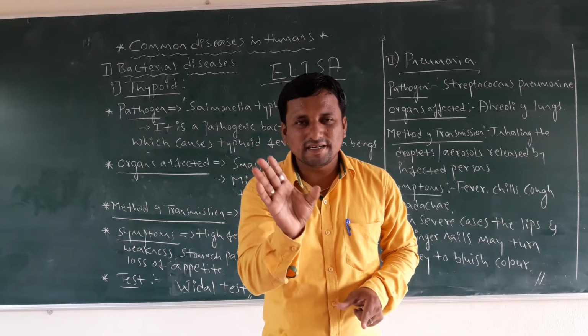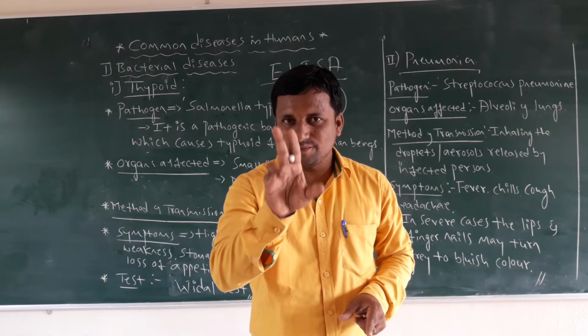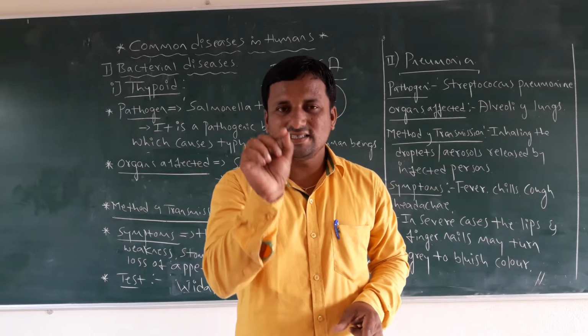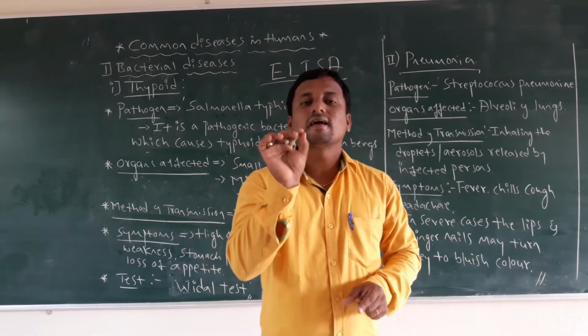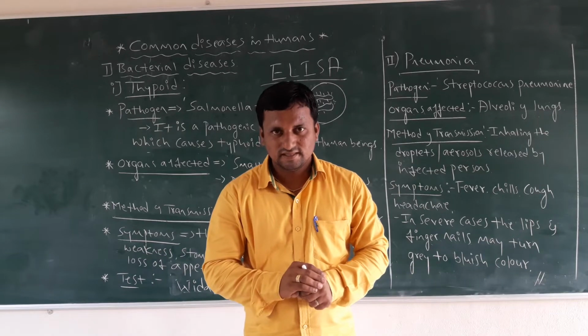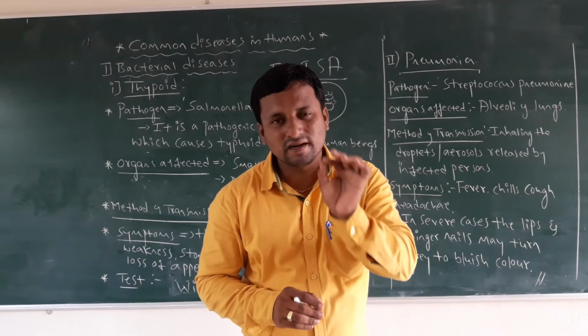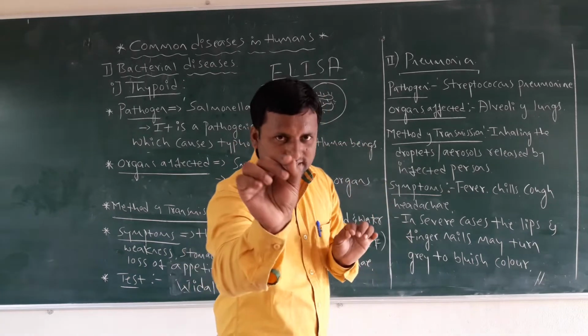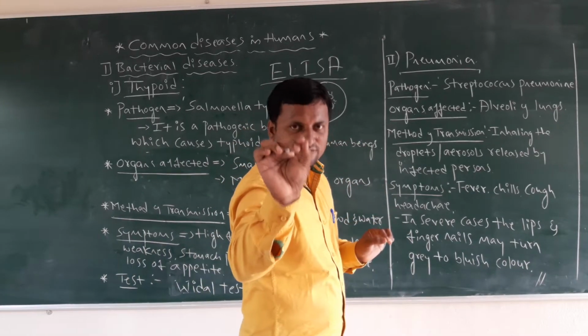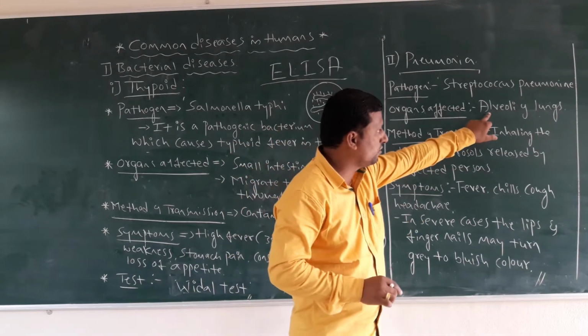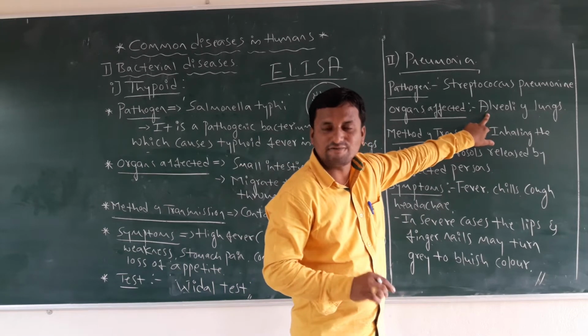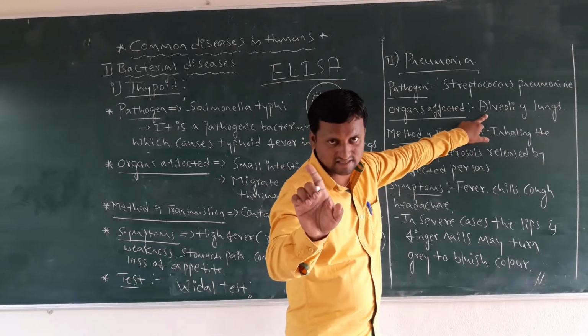Then what are respiratory gases? There are two types: oxygen and carbon dioxide. These are commonly called respiratory gases. The exchange of gases takes place in our body through the alveoli present in the lungs.